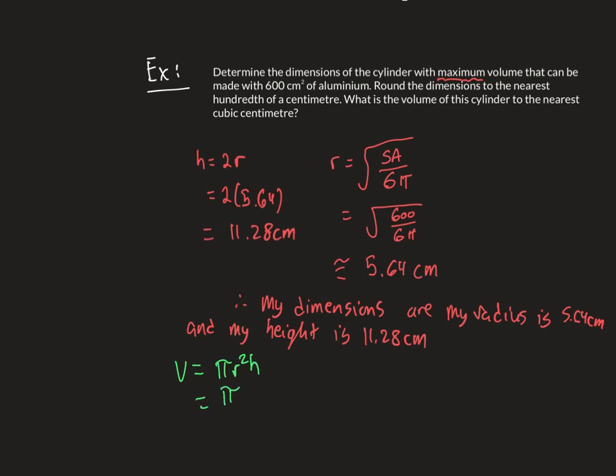So you're going to have pi, and instead of your r, you're going to have 5.64 squared times 11.28. And that's going to give you 1,127 centimeters cubed.